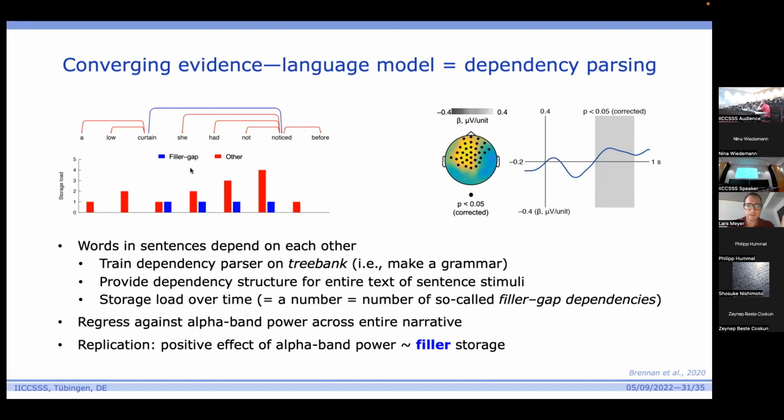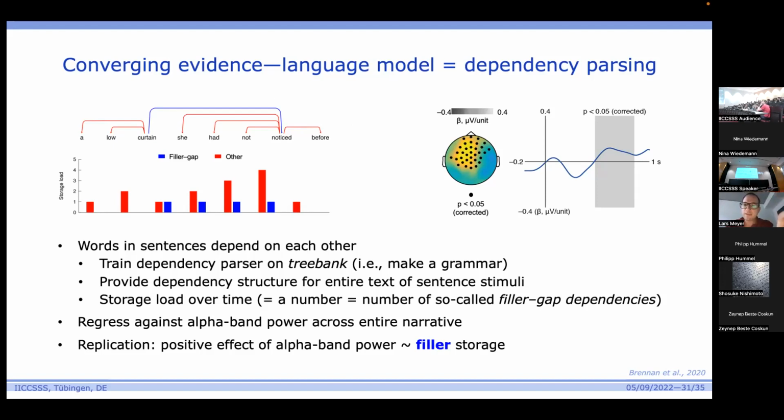Every time there's this blue type of dependency, this is argument verb, the alpha band power increases. And this is now again a language model of dependency processing. It comes from originally some type of linguistic theory that says, hey, words depend on each other. They form relationships. Most grammars, whether functionalist or formalist, have this type of idea.